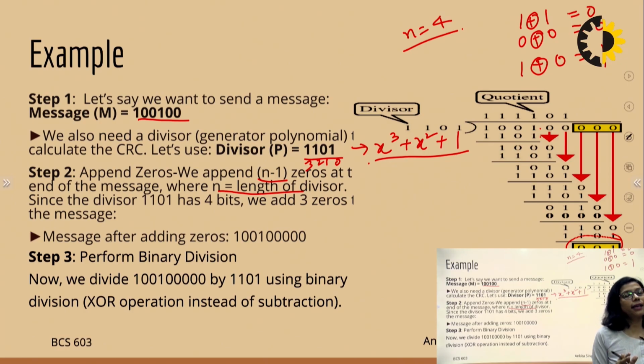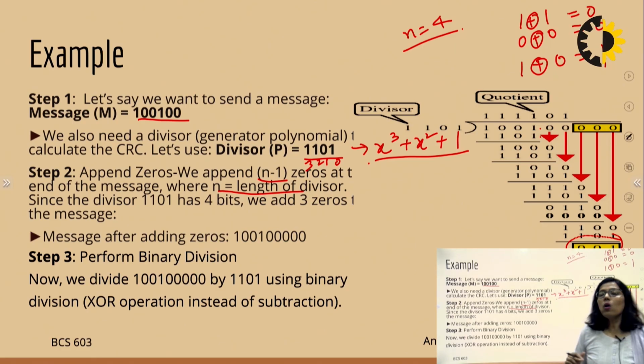If the size of our divisor or generator polynomial is n, I will have to append n minus 1 zeros. This is what students mostly forget to add, right? So when we add n minus 1 zeros, then we perform the division operation with the generator polynomial. Whenever we are dividing, we are using the XOR operation.